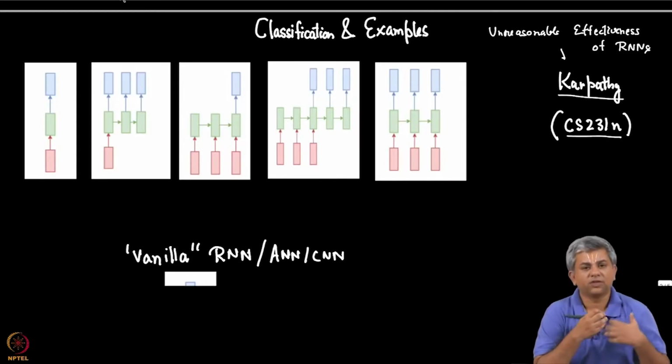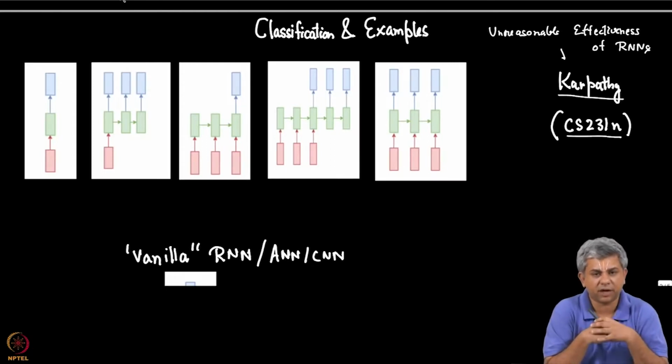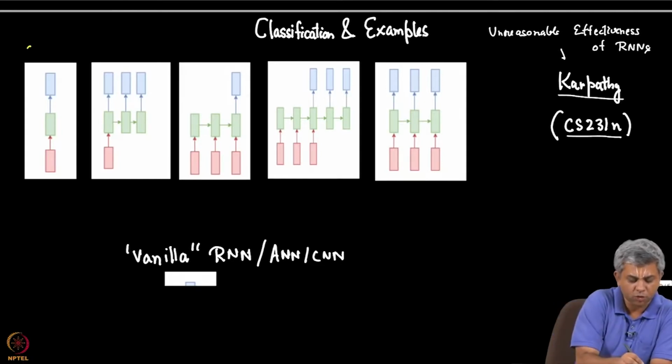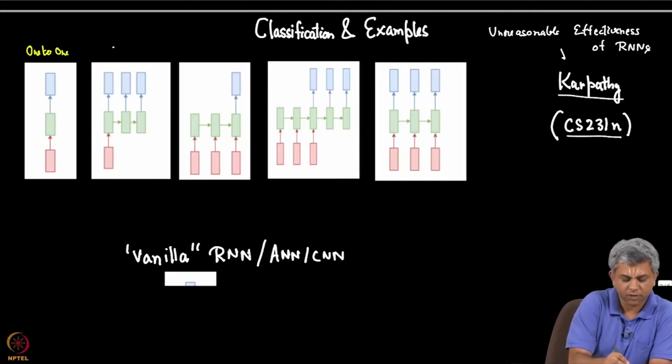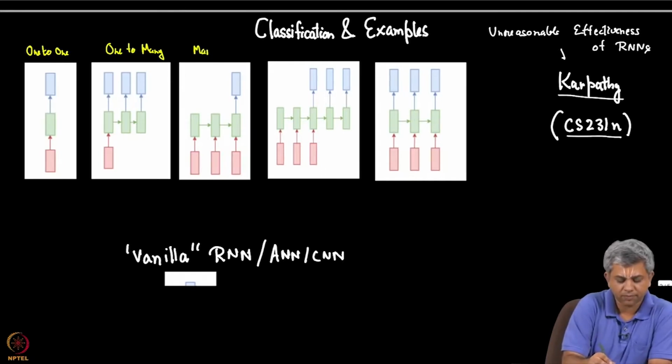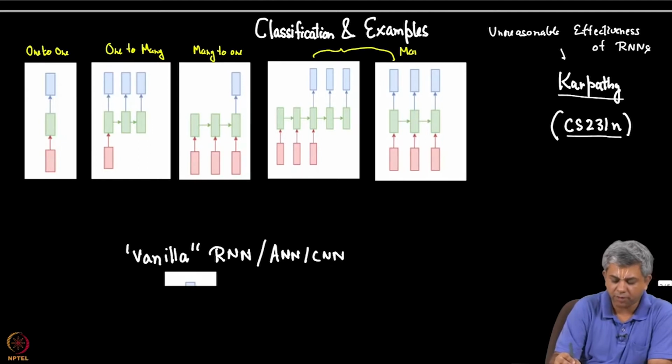Okay. So, this is not very standard classification, but Karpathy has classified the types of RNN architectures that you will see into 5. So, this is called one to one, this is called one to many, this is many to one, and these two are many to many.